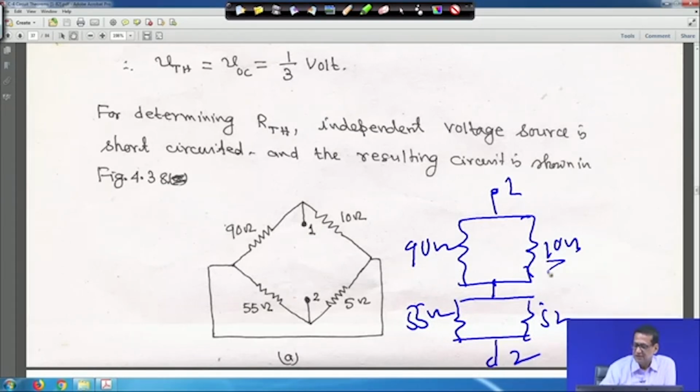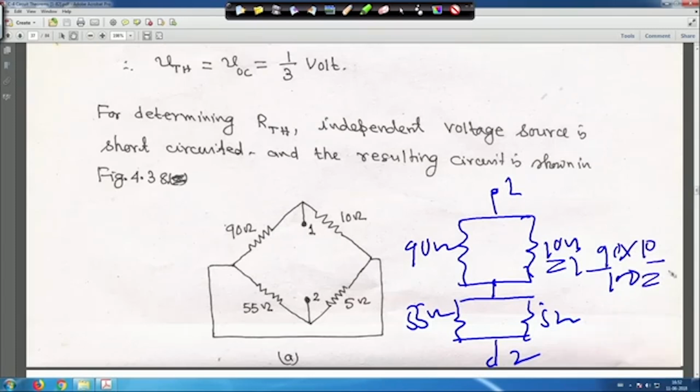So, equivalent to this one is 90 into 10 divided by 100, right. So, for this part it will become 9 ohm, and this one you have to calculate 55 into 5 divided by 55 plus 5. So, it is 90 plus 10, so it is 100, and it is 55 plus 5, 60. So, this calculation is there.